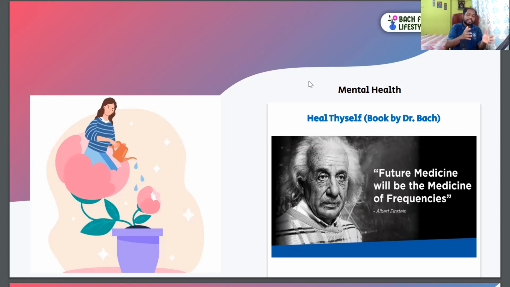So the intention of Dr. Bach was not to provide a list of remedies which can help doctors to treat the patients, but the intention was that people can help themselves to get out of the diseases, especially the mental diseases. So that's the intention of the Bach flower remedy.